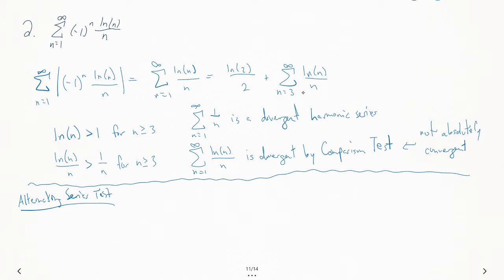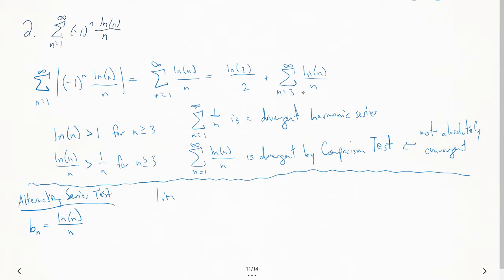And so in this case, what happens? Well, we have to define Bn, and so Bn is just the positive term, so it's natural log of n over n. And then we have to show it's decreasing, and then we have to also show that on top of that this has a limit as n goes to infinity of 0.